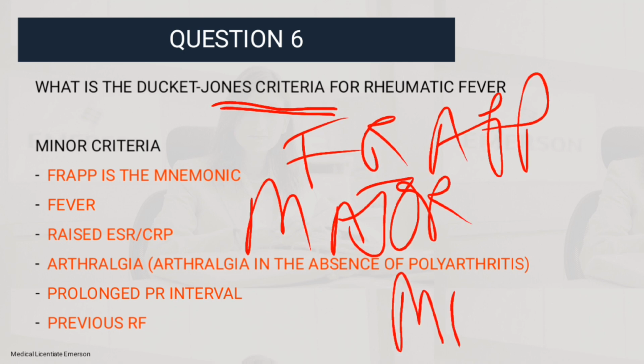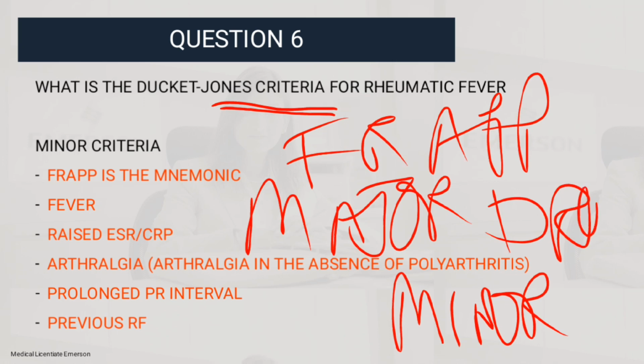Then how many minor do you need to make a diagnosis of rheumatic fever? Or how many major plus minor criteria are you supposed to use to make a diagnosis of rheumatic fever? That's what I'm asking. So you can just drop the answer in the comment section so that we proceed.